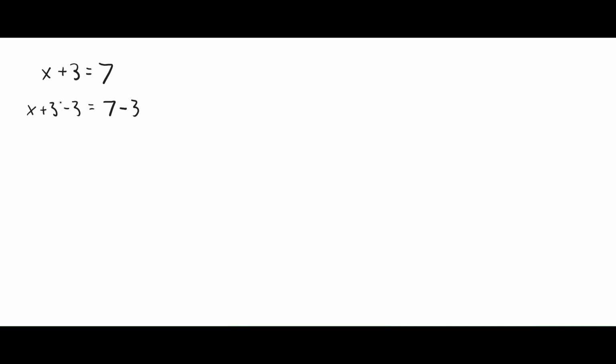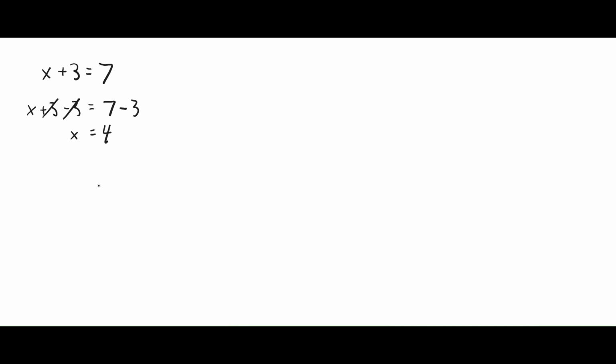Now I chose to subtract 3 because that exactly cancels out the 3 that was added here. So x plus 3 subtract 3 is just the same as x plus 0. No use writing plus 0, you could just leave it as x. So all that ends up left on the left side of this equation is the x, because this plus 3 cancels out with the negative 3, or the subtraction of 3. Okay, so we've got x on the left, and on the right we can work out what's left. 7 minus 3, that's 4.